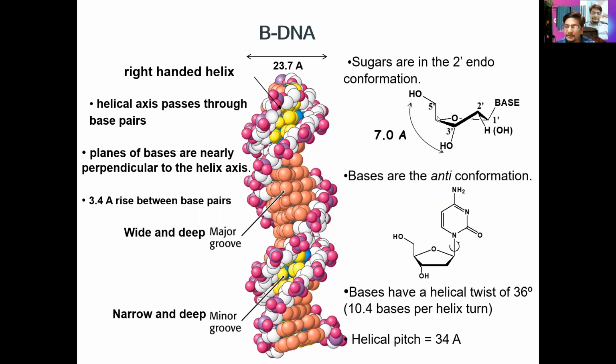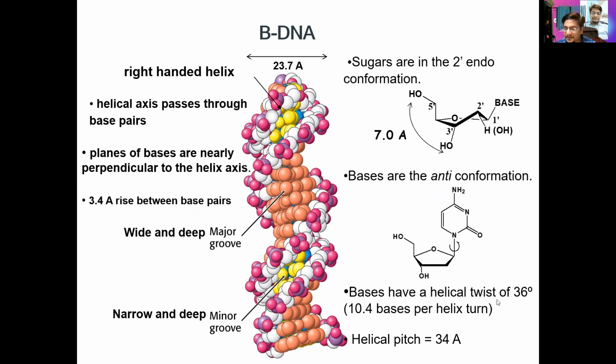How do you know the 2' endo? If you look at the carbon number 5 over here, this 5 and 2, if they are in the same plane, this condition we call endo. You can see that this 2'OH group is somewhere 7 angstrom apart, and the base is normally in the anti conformation, so that the steric hindrance can be prevented.